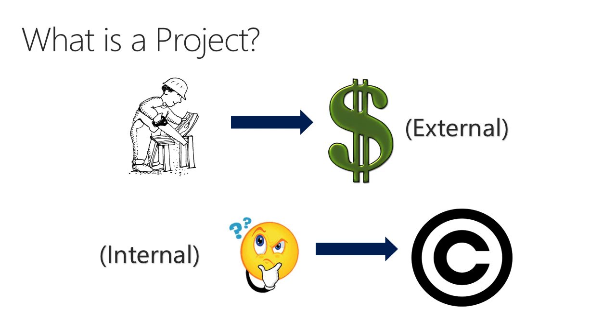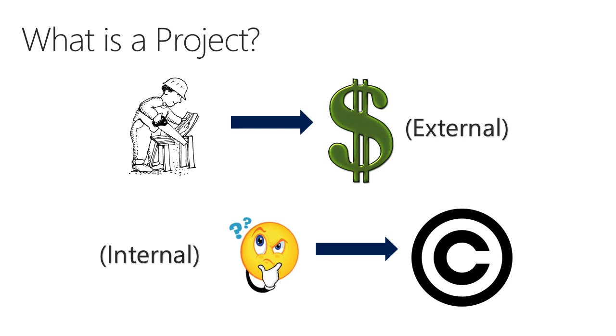Then we have those projects where you don't see direct revenue, and maybe you'll never see revenue. So you're doing this work potentially for internal benefit. I'd classify those type of costs only projects as internal.